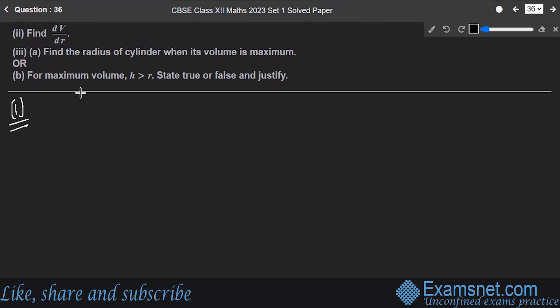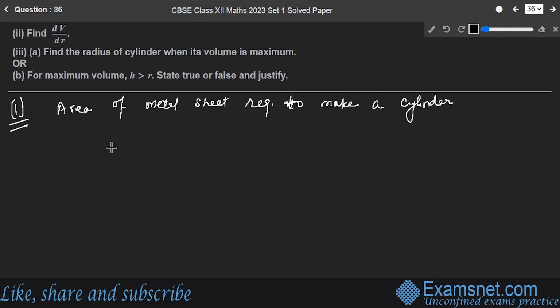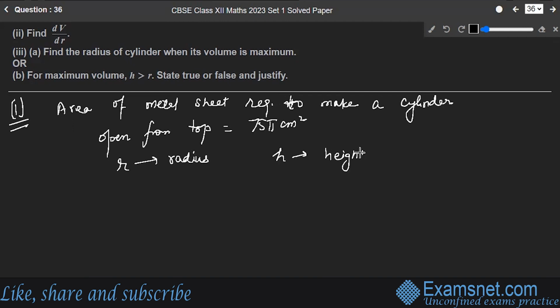Here it is. Area of metal sheet required to make a cylinder open from top is 75 pi centimeter squared. It's given. Now, r is the radius of the cylinder, h is height, right?